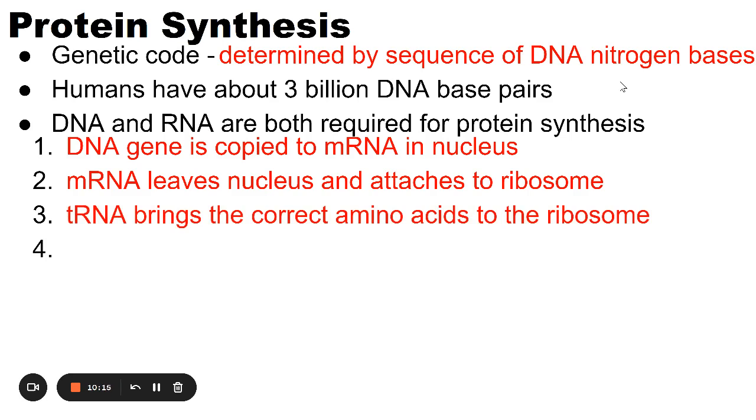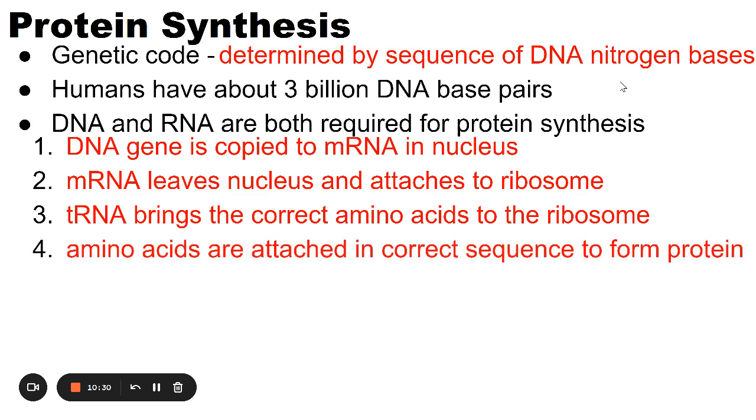It attaches to the ribosome, and the messenger RNA has the code that says which amino acids are going to be strung together to form a protein. Transfer RNA molecules start bringing in the correct amino acids. The ribosome links them together until the protein is made, and then it can be released.